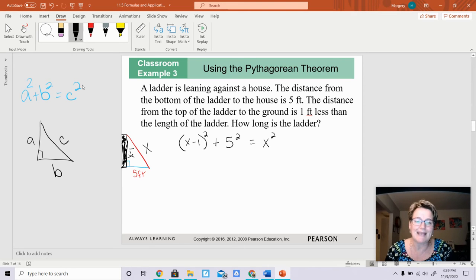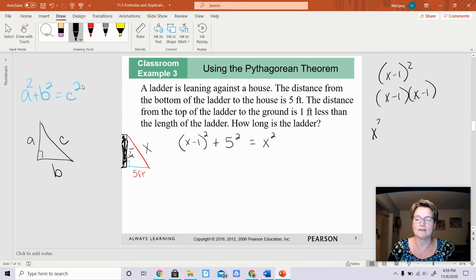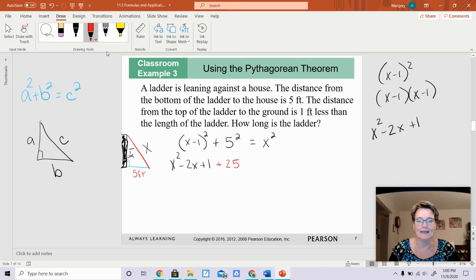Remember, that means I have 2 of these. You multiply them out and you end up with x squared minus 2x plus 1. So this is x squared minus 2x plus 1, and then 5 squared is 25, equals x squared.